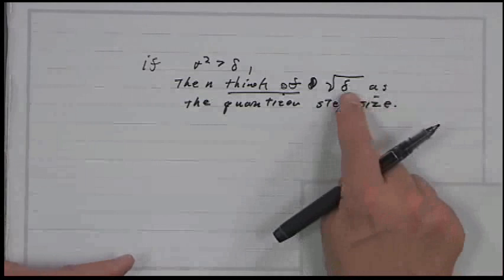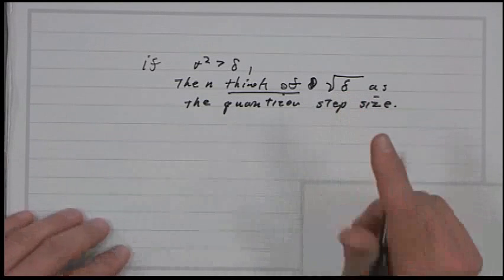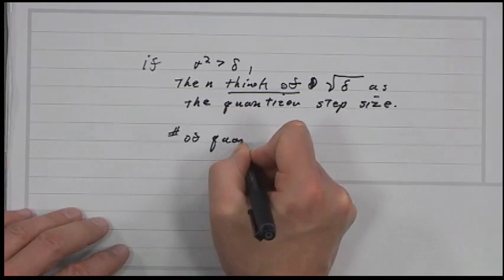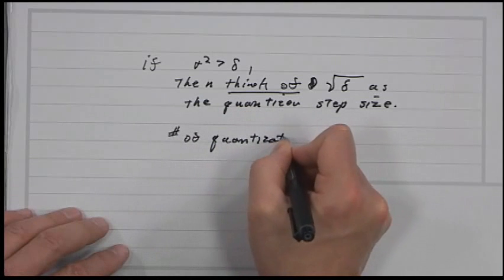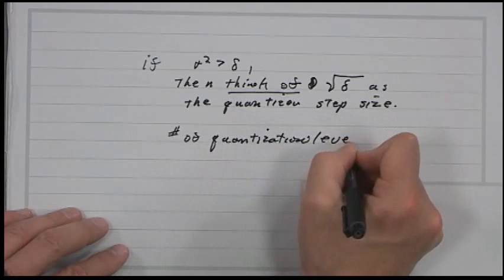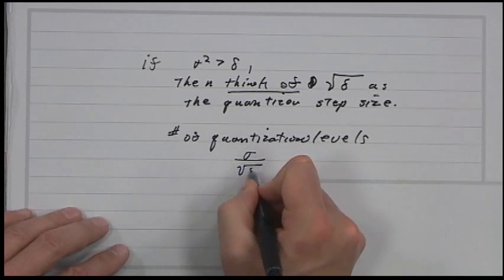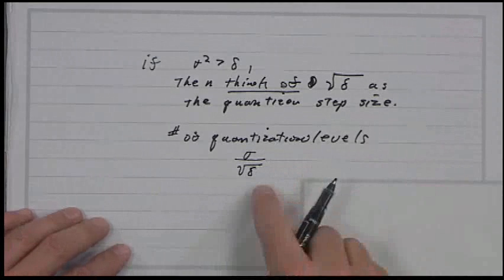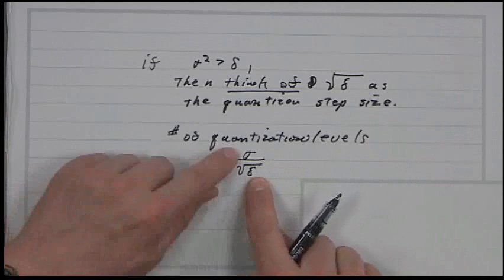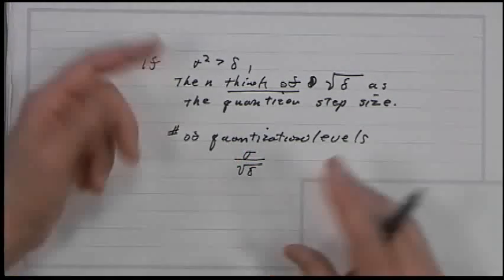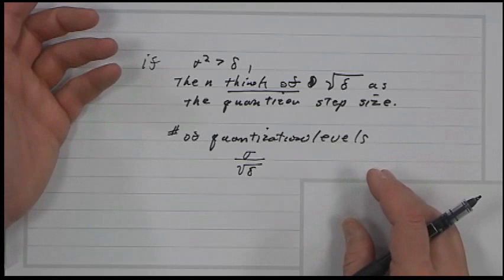Now, if this is the size of the step, then the number of quantization levels is going to be sigma over the square root of delta, right? Because if the step size is the square root of delta and the standard deviation is sigma, then I roughly have this many, or times 2 or something. This is just how you design a quantizer.